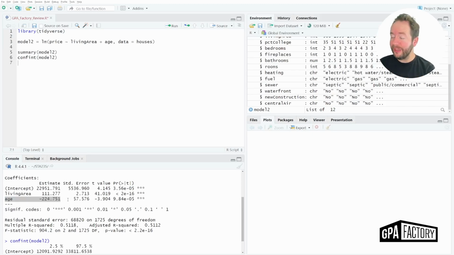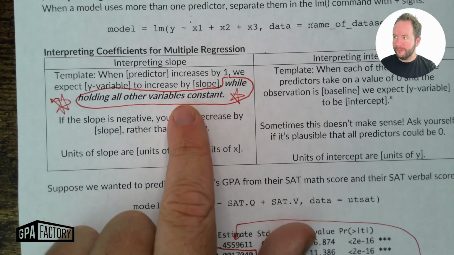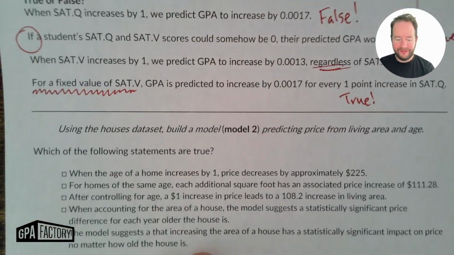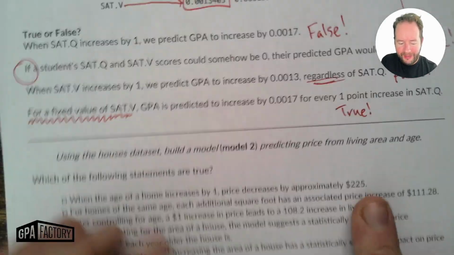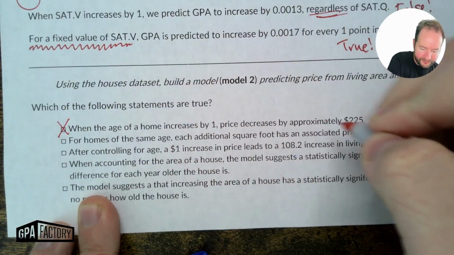Again, seems like a true statement. Seems like it's reasonable. But what's missing? It's missing that additional statement, while holding square footage constant, and it didn't do that. We did not see that in this statement. So for that reason, I have to say, well, this is going to be annoying to have to hold this. I have to say this is false.